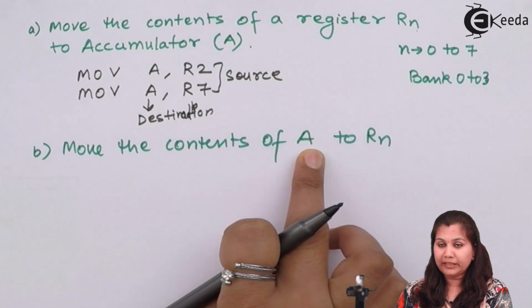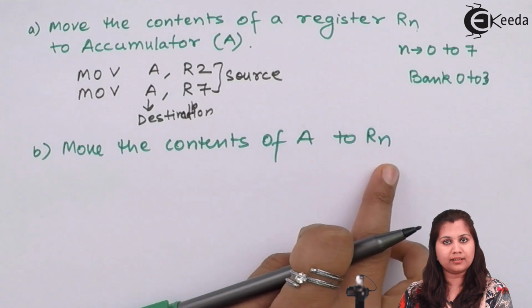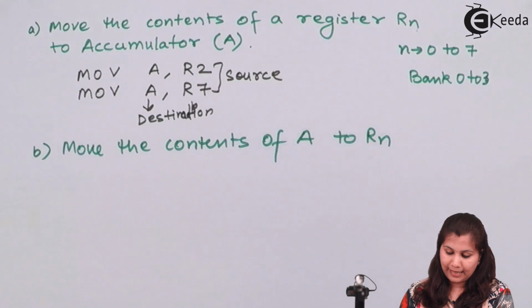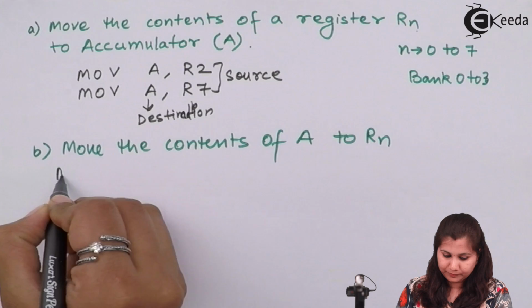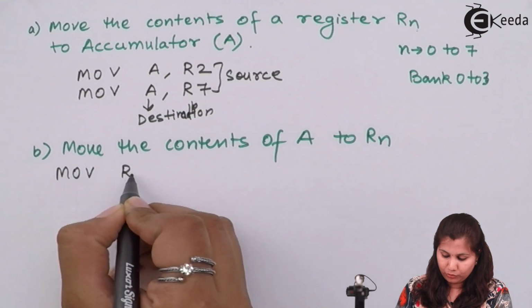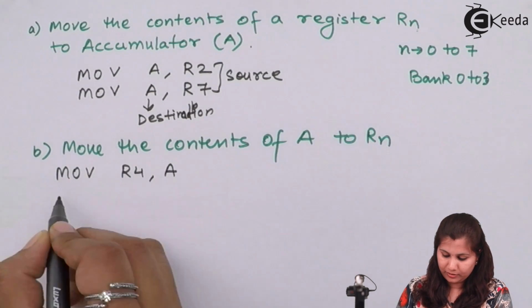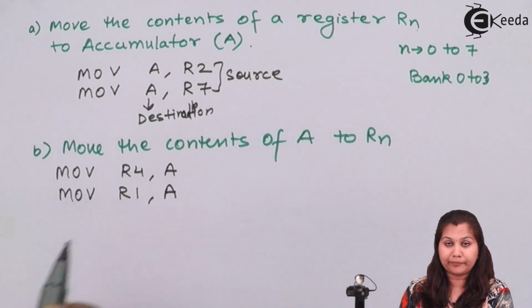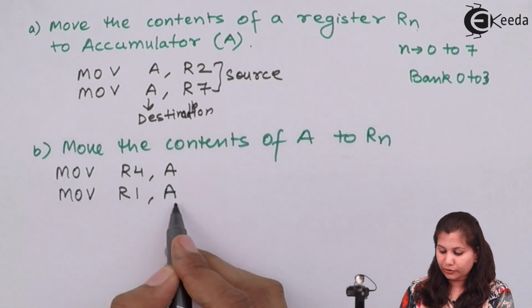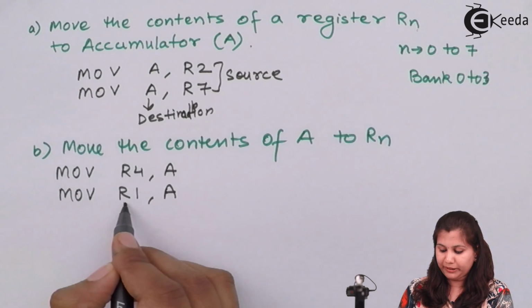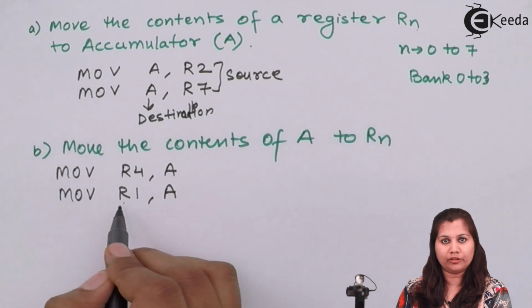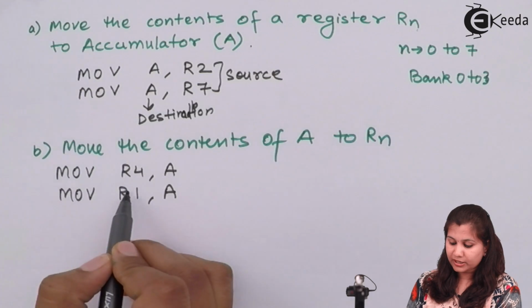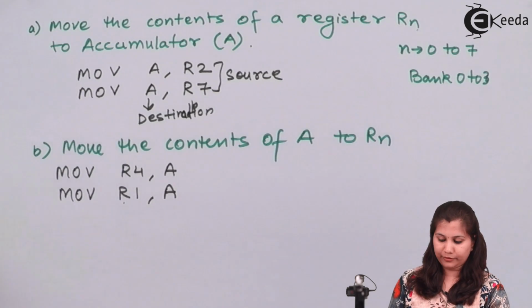Now the accumulator is the source and the register is the destination. An example of this is MOV R4, A or MOV R1, A. So the contents of the accumulator will be moved or copied into the R1 and R4 registers of the selected bank.